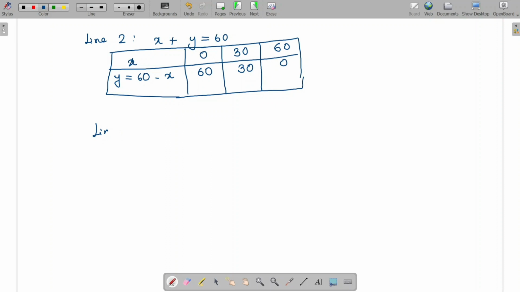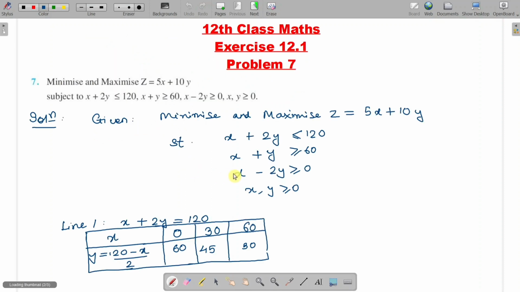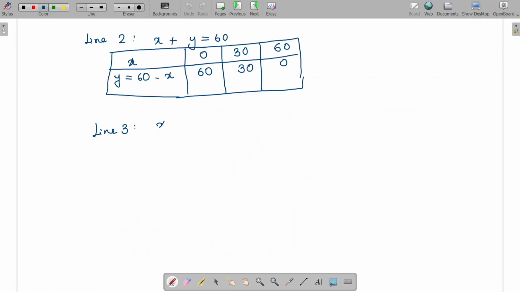And line 3, so the equation is x minus 2y equal to 0, that means x is there and y will be x by 2. So when x is 0, y is 0, when x is 20, y is 10, when x is 40, y is 20.